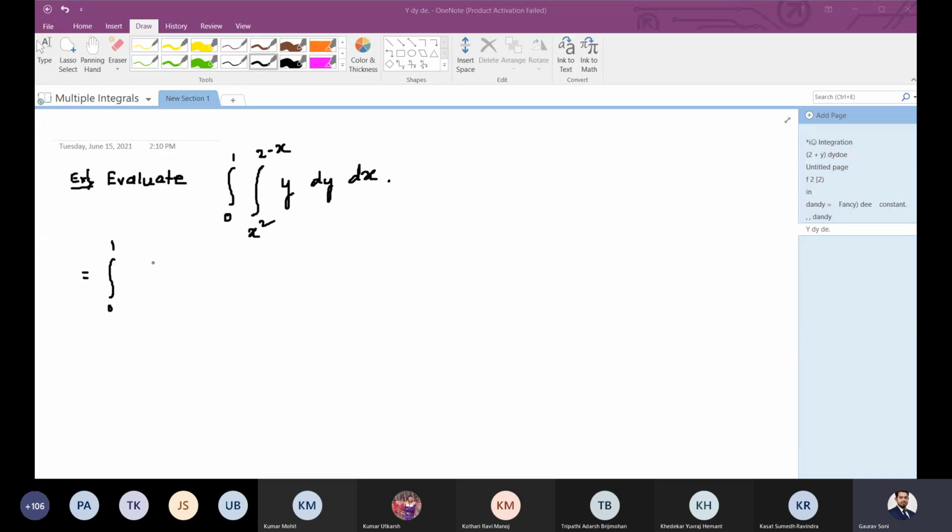So what is the answer? Anyone? First integration will be y square by 2 with limits from x square to 2 minus x. The final answer will be 1.